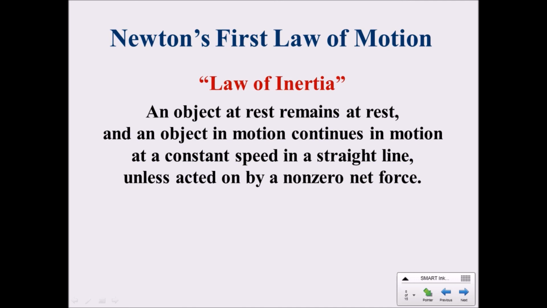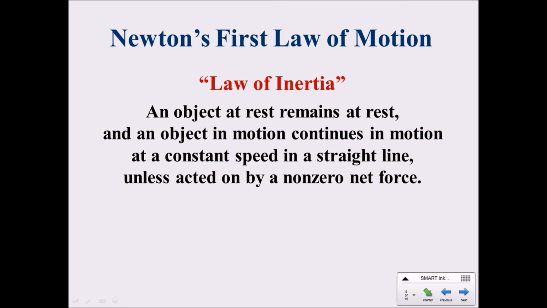If you look at what's on the screen, it says that an object at rest will remain at rest, and an object in motion will continue in motion at a constant speed in a straight line unless it's acted upon by a non-zero net force. So there's actually two pieces to that. It says an object at rest will remain at rest unless there's a non-zero net force acting on it, or unless there's an unbalanced force that acts on it.